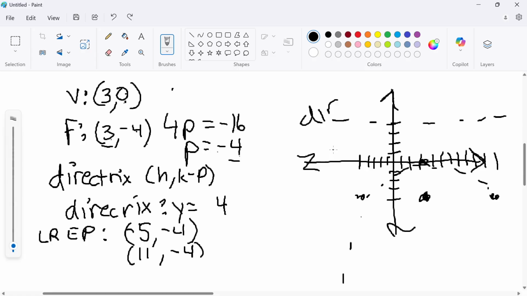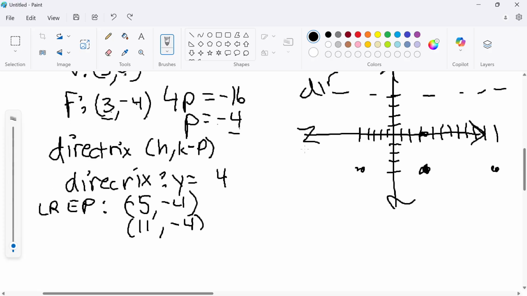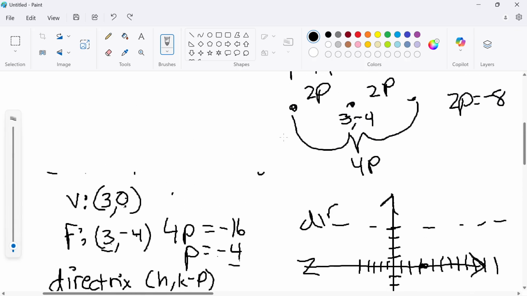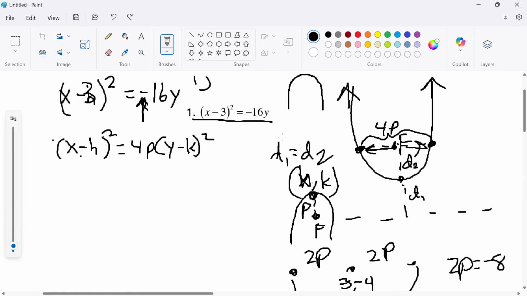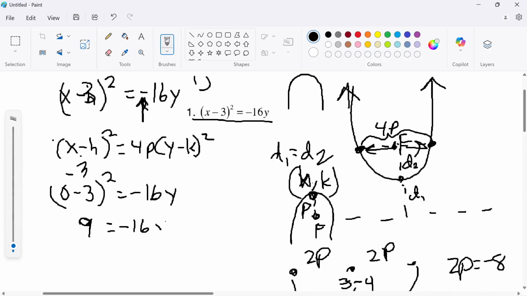And now I could make it even a little more accurate if I can find the y-intercept. See, because this one only touches the x-axis at the vertex. But what about the y-intercept? Where does it touch the y-axis? Well, let me make x 0. So I have 0 minus 3 squared equals -16y. Minus 3 squared is 9 equals -16y.